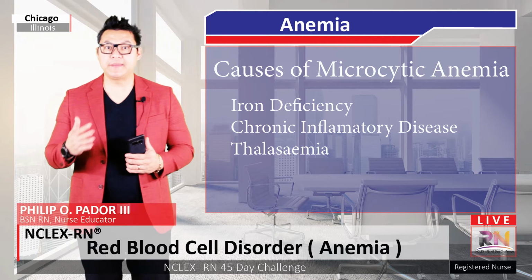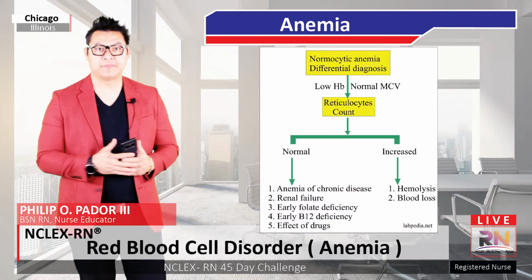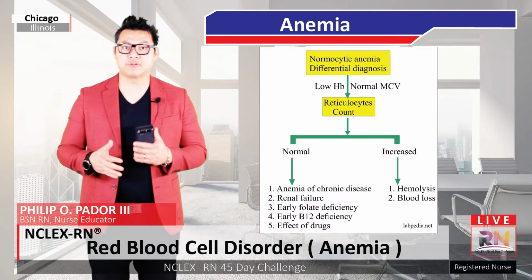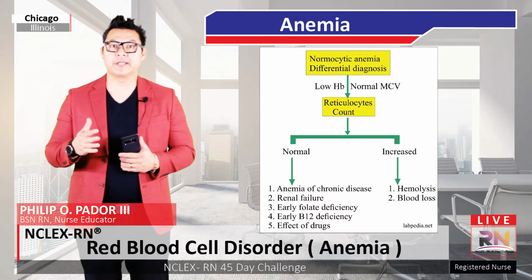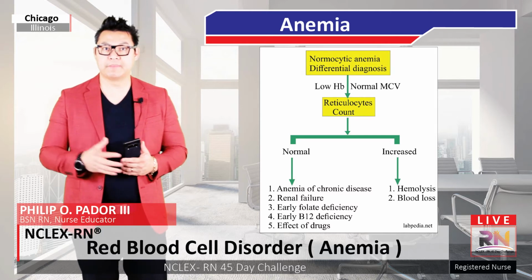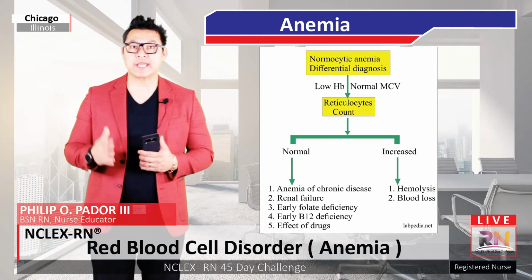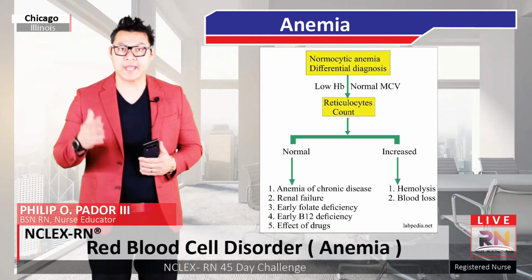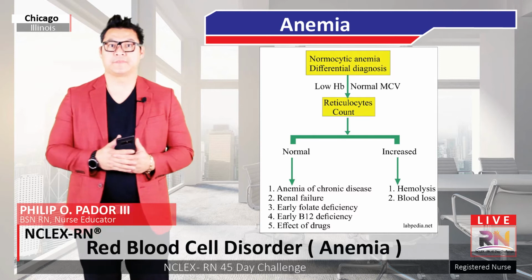When someone with anemia has a normal MCV, a reticulocyte count should be performed. Remember that reticulocytes are the premature red blood cells. The reticulocyte count can be either high or low.